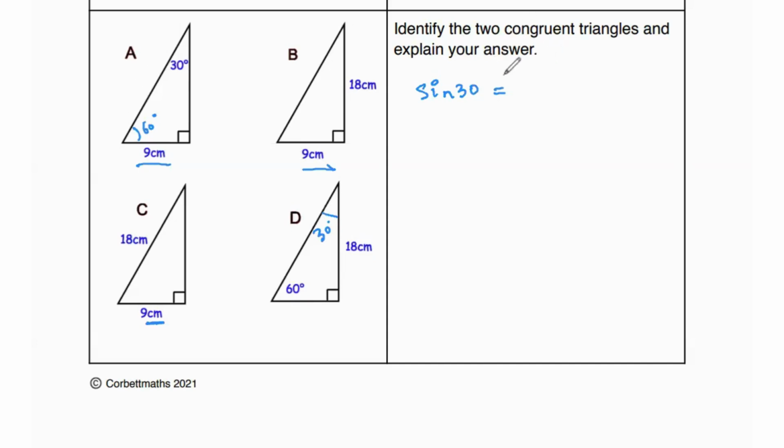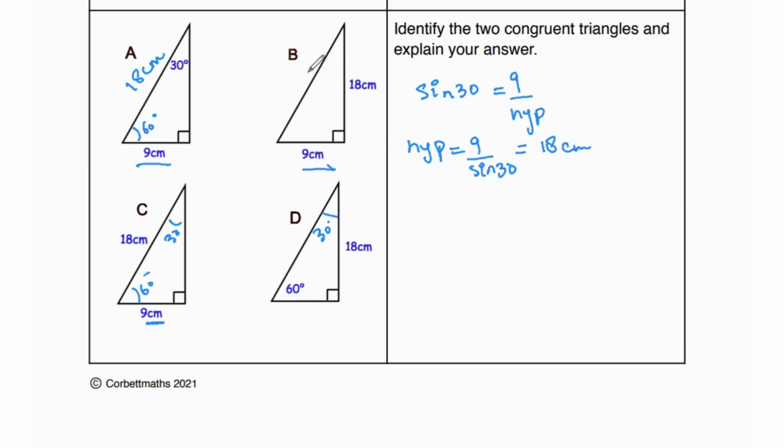So sine 30 equals 9 over the hypotenuse, and that's 9 over sine 30, and that equals 18. So for A, this is 18. So we can see some similarity between A and C. Because if the lengths are the same, that means this is also going to be 30, this is also going to be 60. Just to make sure, let's compare B and D as well.